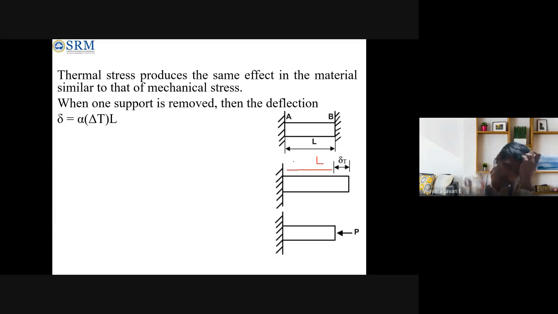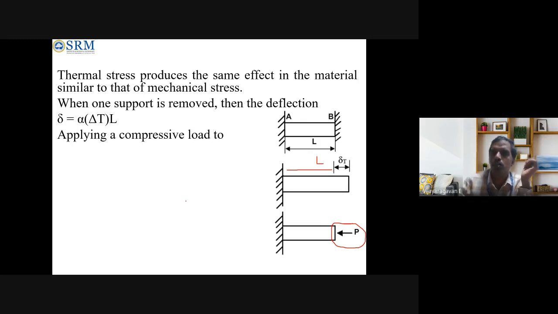To nullify this deflection, what we can do is introduce a compressive load here. The compressive load will try to stop this deflection. The deflection due to this compressive load is given by PL by AE, a formula we have done in the earlier classes.